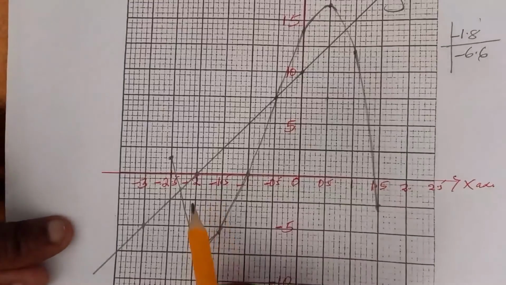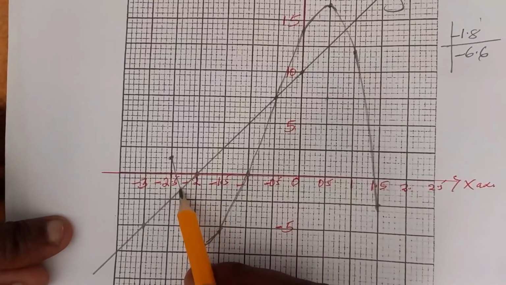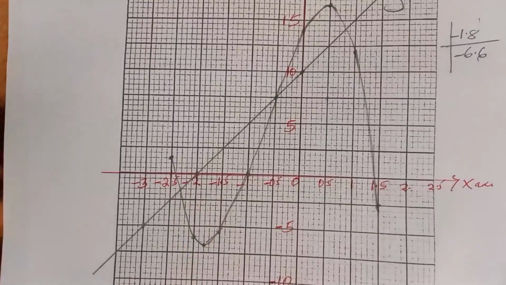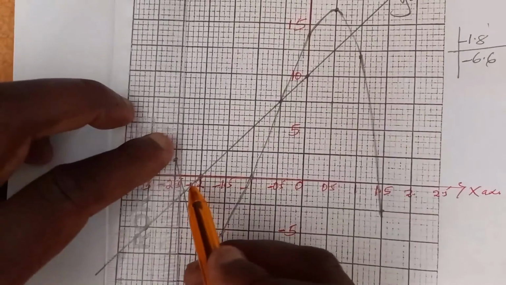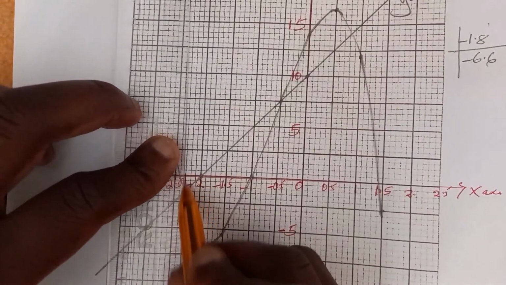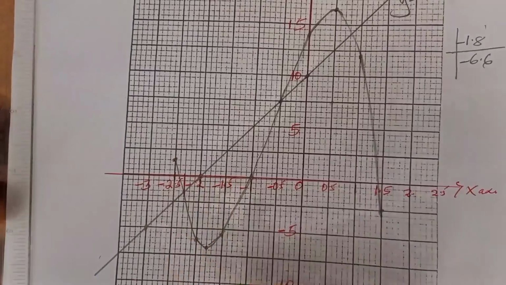So these are the points. So read the x coordinate of this point. Like this point here, just read the x coordinate. So the x coordinate of this point is here.